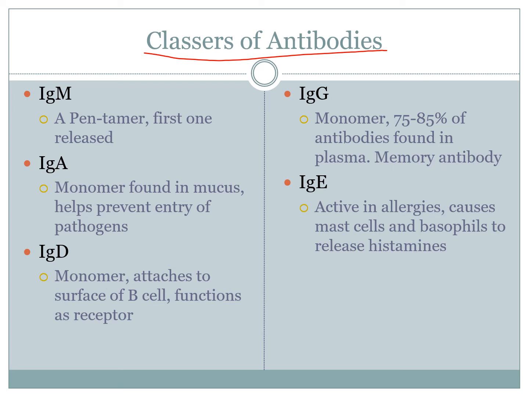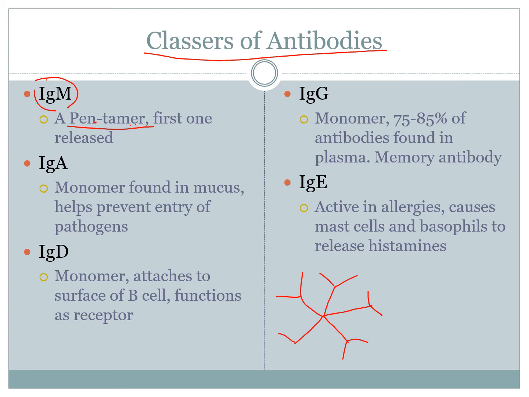Now, your IgM is the largest of all of your antibody groups. It is what's known as a pentamer. What that means is the picture we saw before, that's 1, that's a monomer. A pentamer means that there are 5 of them stuck together.